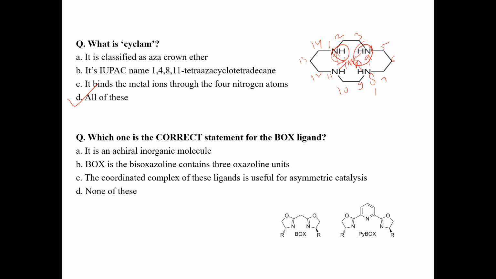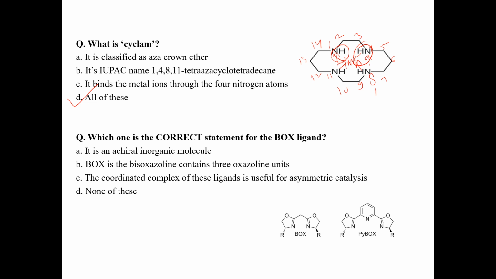And which one is the correct statement for the BOX ligand, right? BOX is bis-oxazoline ligands. Is it an achiral organic molecule? BOX is bis-oxazoline, does it contain 3 oxazoline units? No, it contains 2.